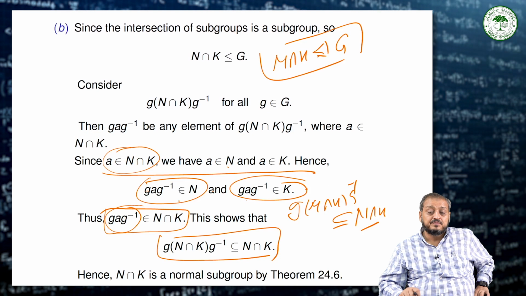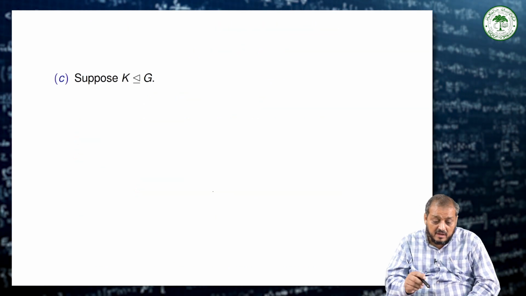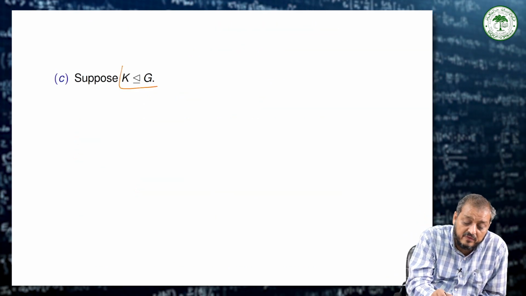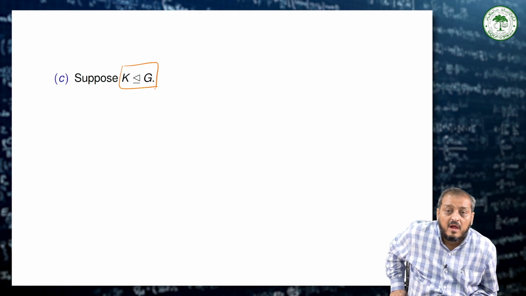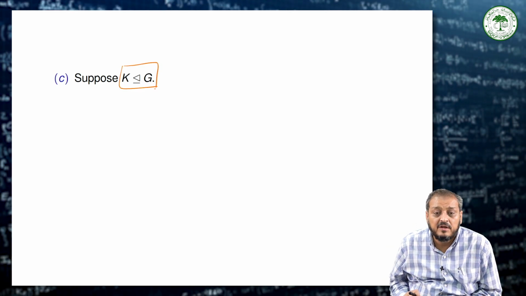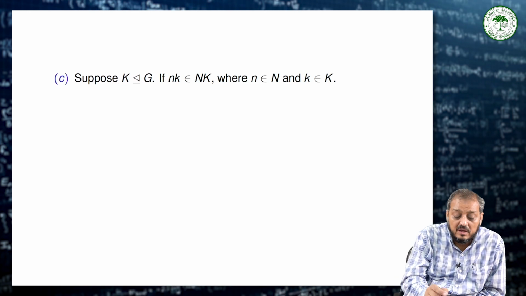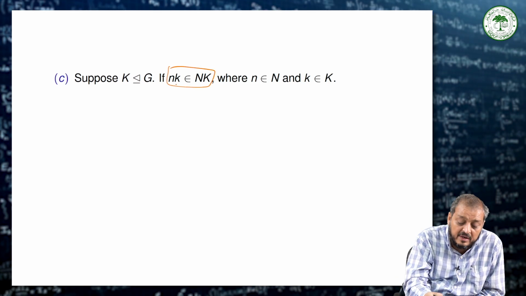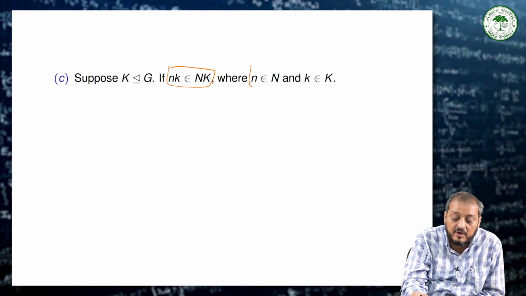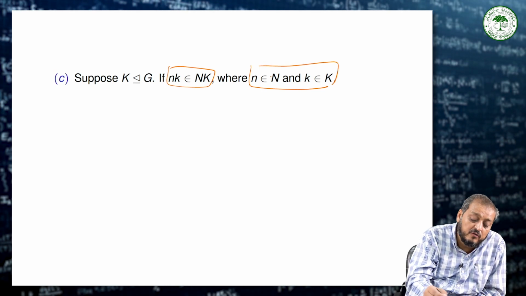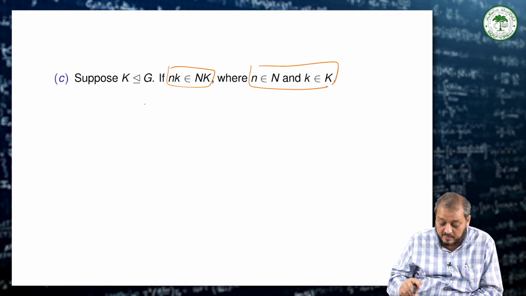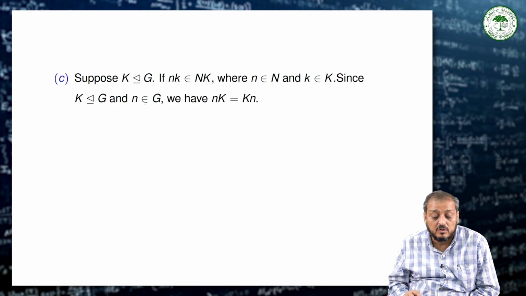Suppose K is normal in G. Then take nk, small n and k, where n is an element of N and k is an element of K. Now we show that this is the same as kn.